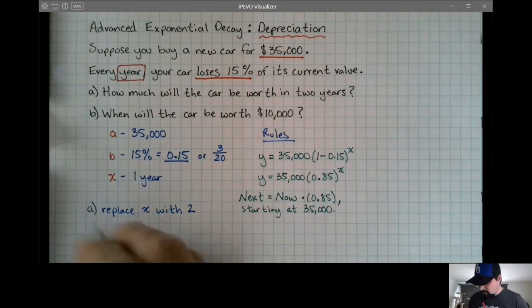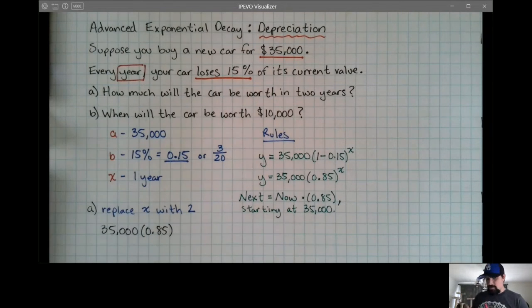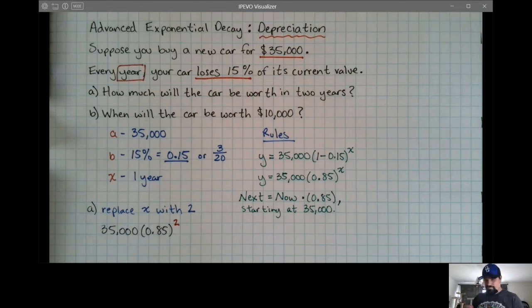So we'll rewrite that. We have 35,000 times 0.85 with an exponent of 2.